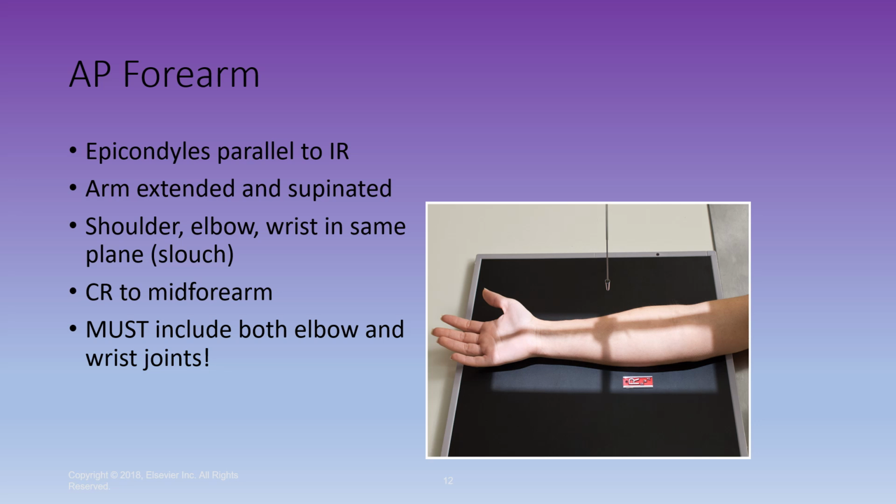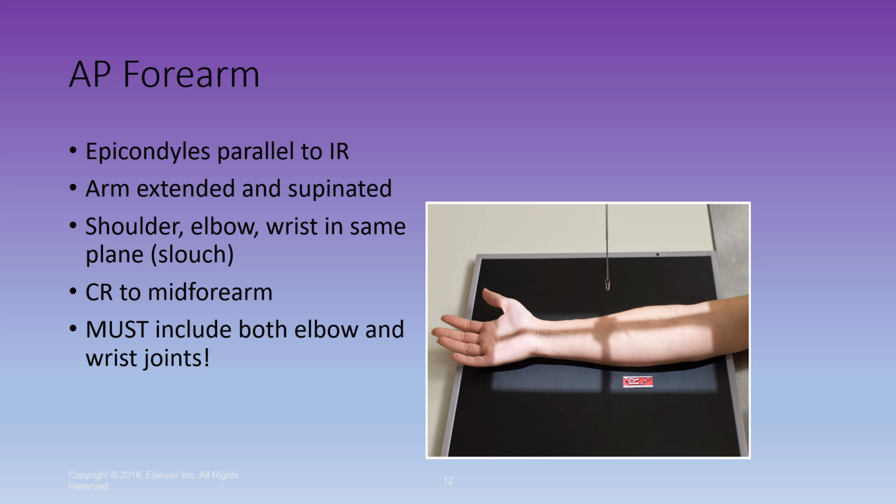Typically, you're at a 40-inch tabletop SID, and ideally you are on a 14 by 17 IR with the long axis of the image receptor going with the long axis of the part. So if you were doing this on a 14 by 17, you would want the forearm to run with the 17-inch aspect of the image receptor, but you will collimate from side to side.